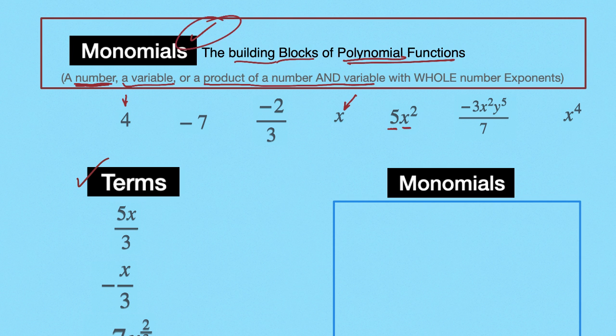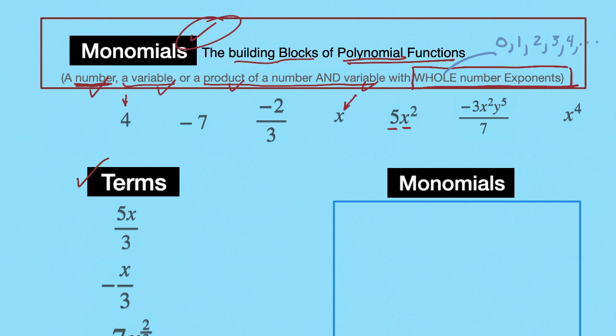But monomials are exactly the same thing, but they've got this last condition on them that terms do not. And that is the exponents have to be whole numbers. And whole numbers are 0, 1, 2, 3, 4, on and on forever. But notice they're all positives. There are no fractions.